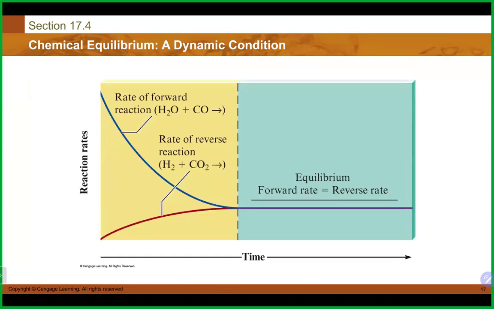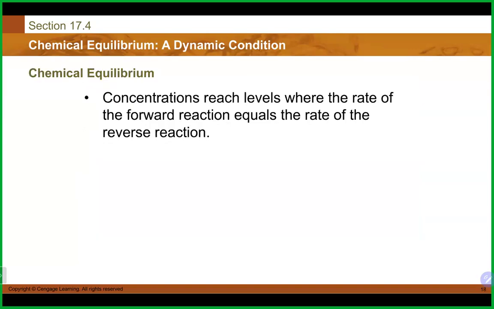What we see here is that the rate of the forward direction in a lot of cases will predominate at the beginning if you're starting with just reactants. At some point you'll get enough products that the products will start reacting. The two rates level out and equal each other, the forward and the reverse. That is where chemical equilibrium has been reached.